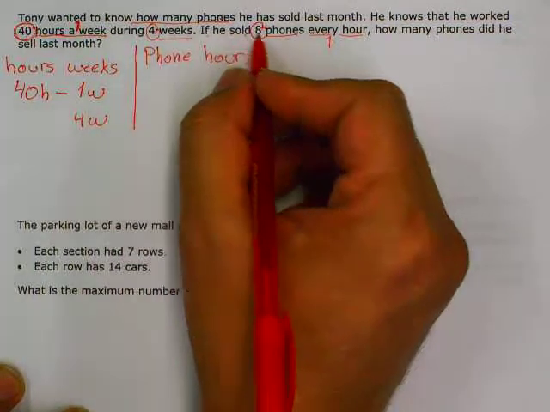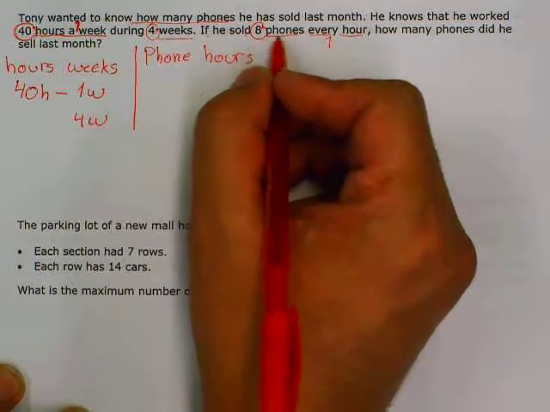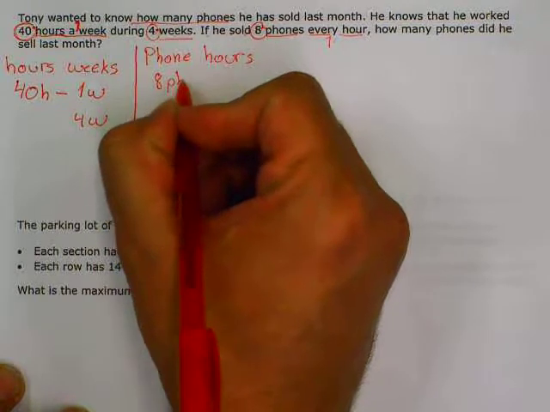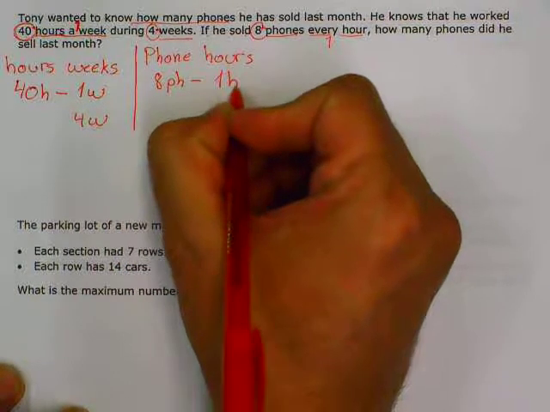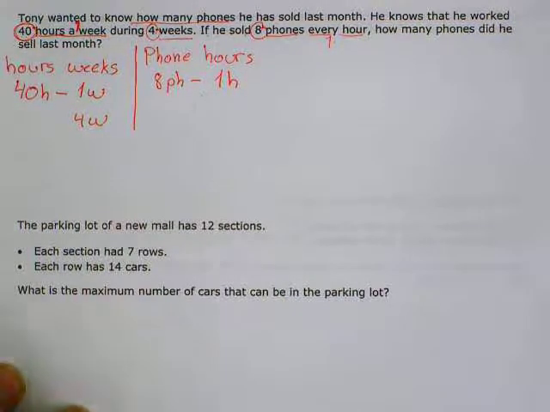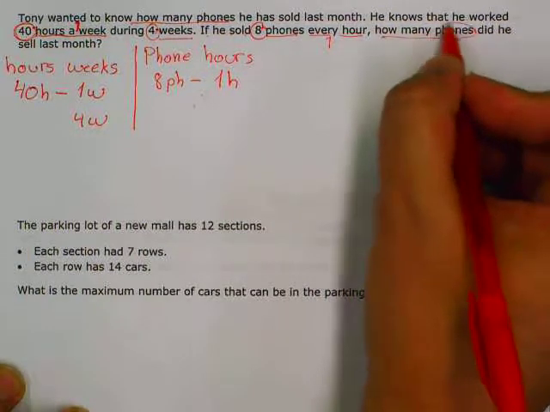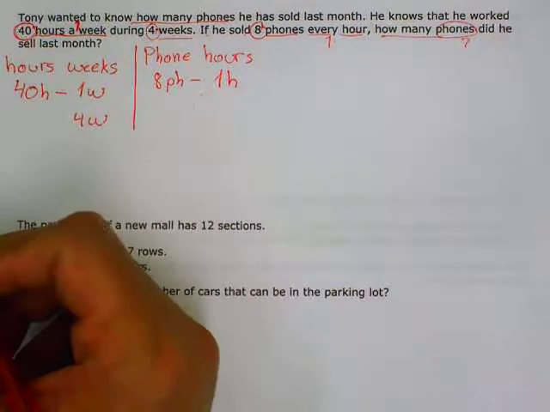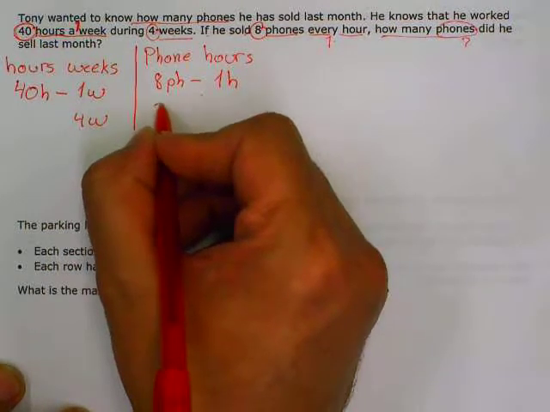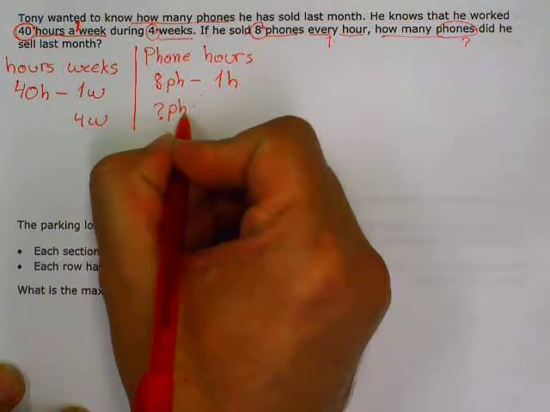So the second relationship says that he sold 8 phones in 1 hour or every hour. And the question is, how many phones did he sell last month?